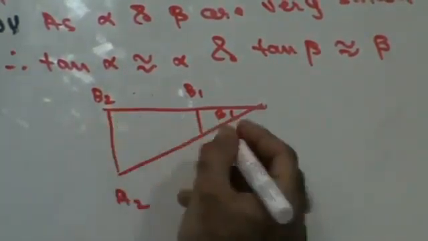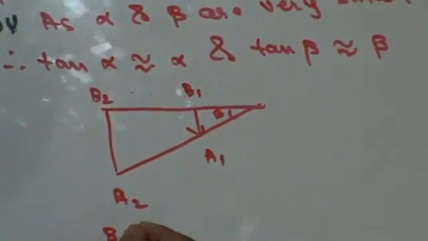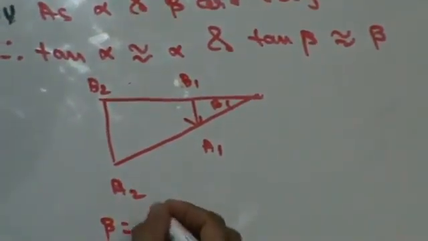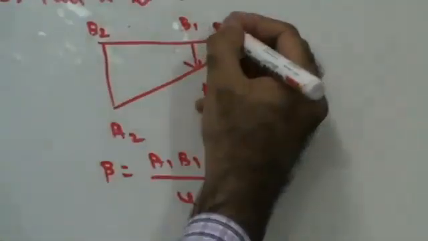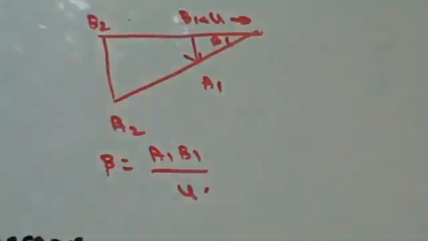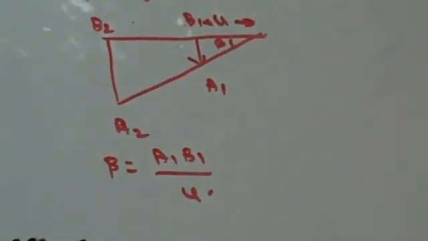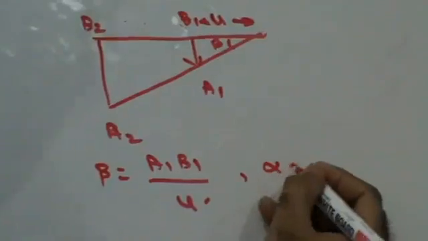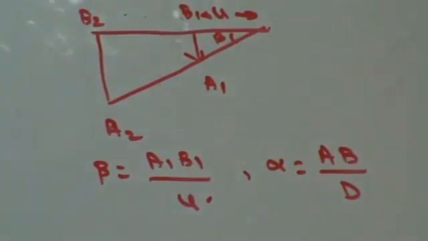So I can therefore say that tan beta, for A2 B2, A1 B1 is the object, is going to be nothing but A1 B1 upon U, because this is the distance of the object from the lens for A2 B2, and alpha is going to be the distance of the object when the object is placed at DDV, that's by definition.